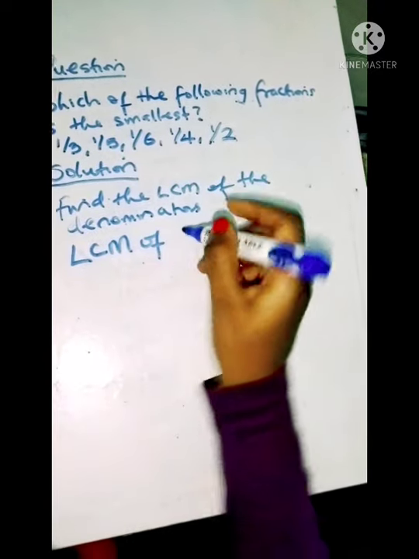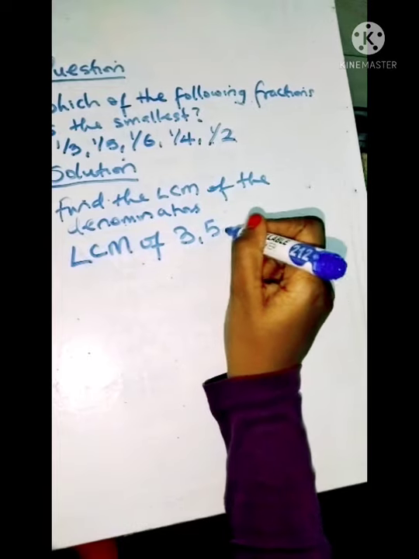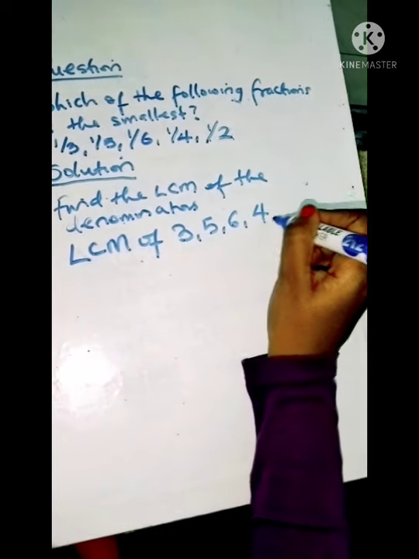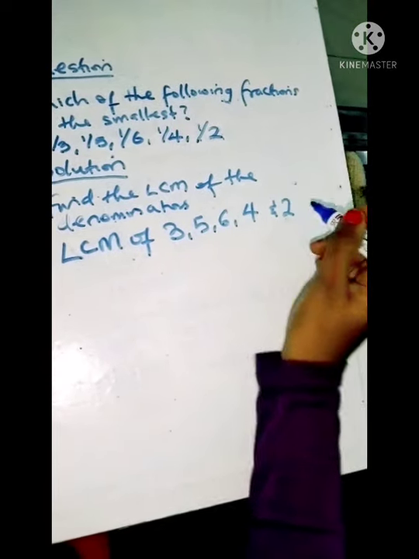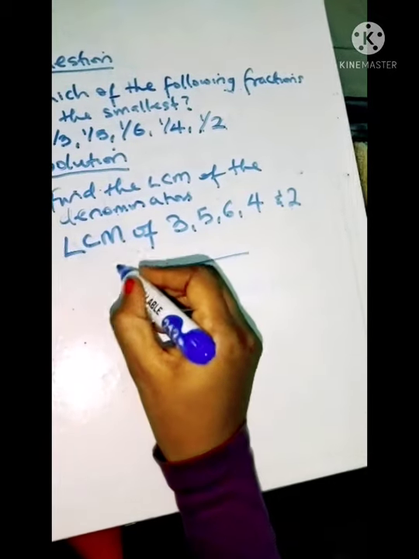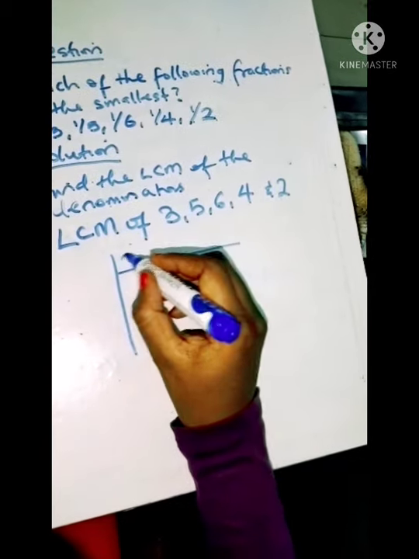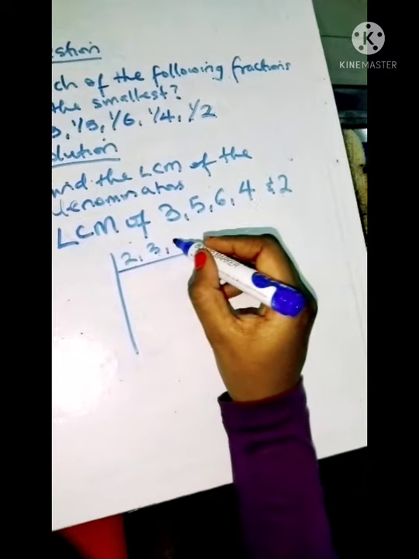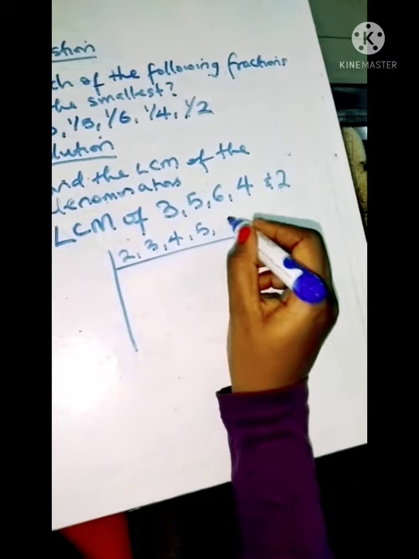Now the LCM of 3, 5, 6, 4, and 2, we will solve it as shown below. So you draw the table and write down the numbers.